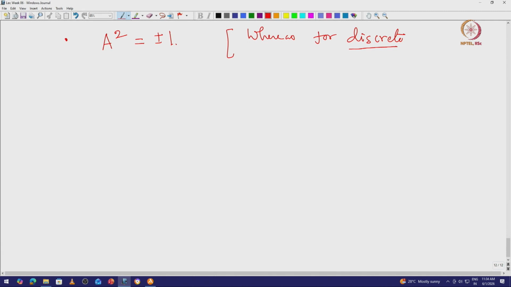If it is not implied, I will explicitly mention it, but if it is not explicitly mentioned, then you always assume that we are going to talk about only discrete symmetries. So as for discrete unitary symmetry, u square is identity. Why?